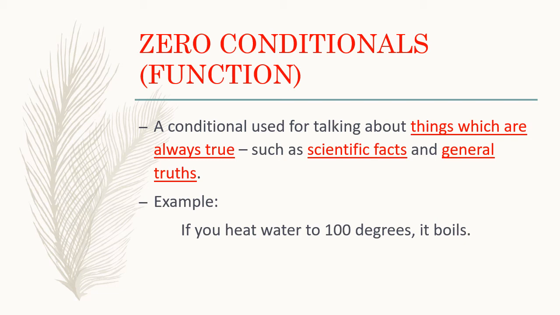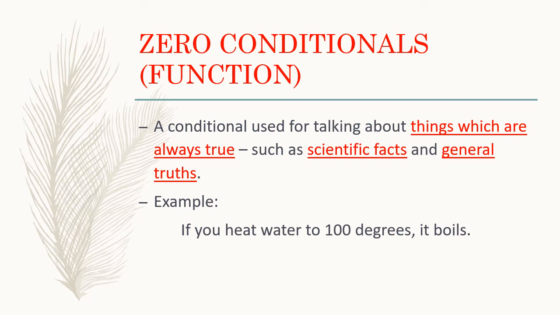Our next question would be, when do we use the zero conditional? Or let's talk about its function. Okay? So you have there the explanation. A zero conditional is a conditional used for talking about things which are always true. Okay? What do I mean by things which are always true? For example, scientific facts and general truths. If we go back to my example earlier, that is always true.